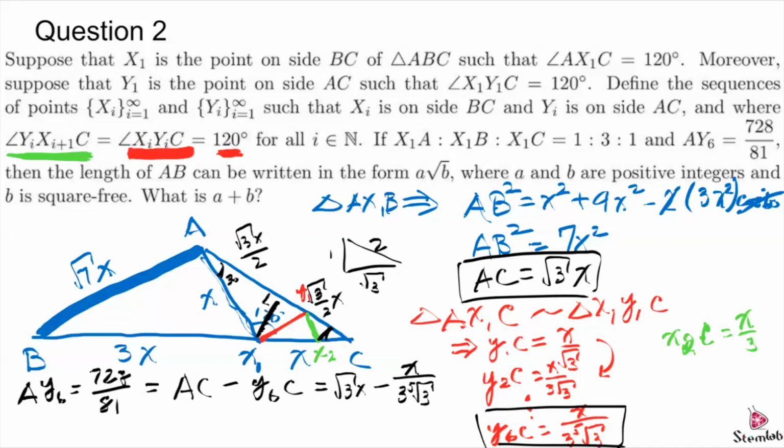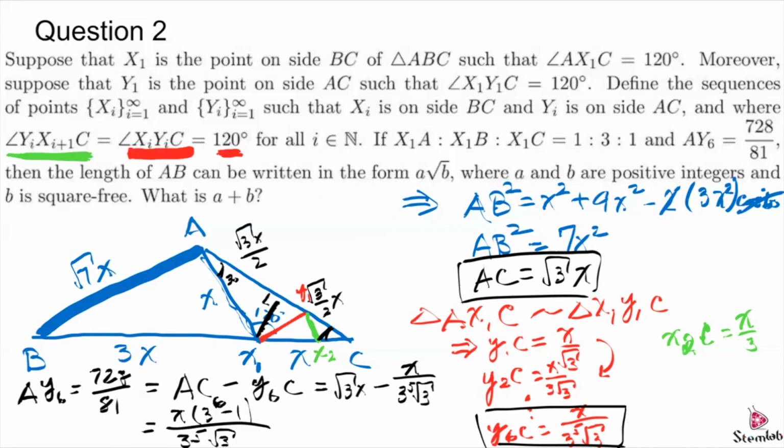Okay. Simplifying a bit, we put both in the denominator of 3 to the 5th root 3. We have x times 3 to the 6th minus 1 all over 3 to the 5th root 3. Notice the 3 to the 6th minus 1 is basically 728. Okay, so maybe I'll delete some stuff here on the right so that we have some space to write.